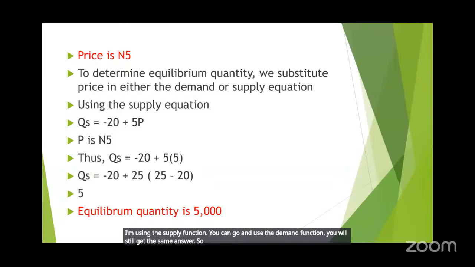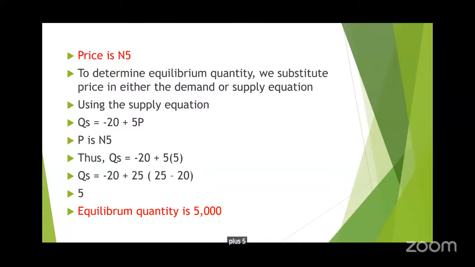So let's use the supply function, which is minus 20 plus 5P. Since we already know that price is 5, we substitute 5 as P. So that means minus 20 plus 5 times 5. That gives us minus 20 plus 25, which is 5.